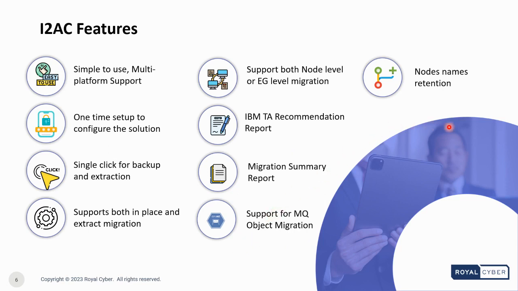So when you migrate, the node names are intact, right? We don't change the node names. So if you have a node name called node 1 in IIB, when you migrate it to ACE, it would still be called node 1. However, I have seen customers who name their nodes as IIB version 10 node 1, IIB version 9 node 5, something like that, right?